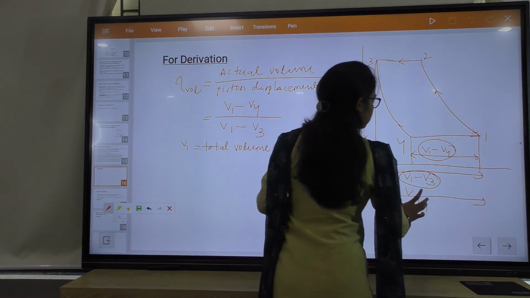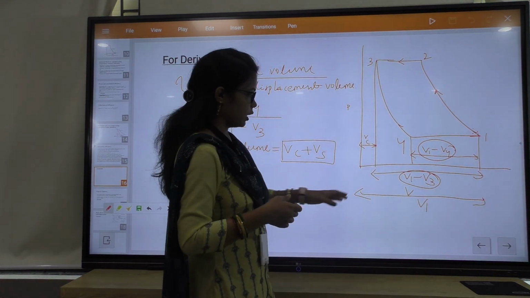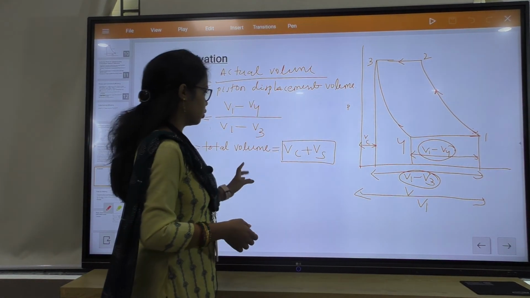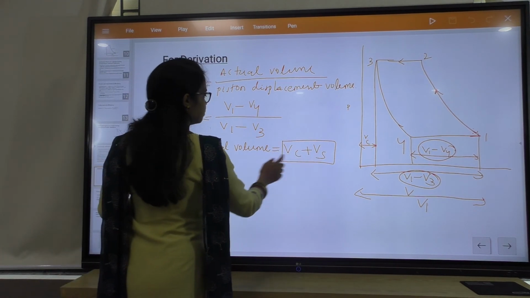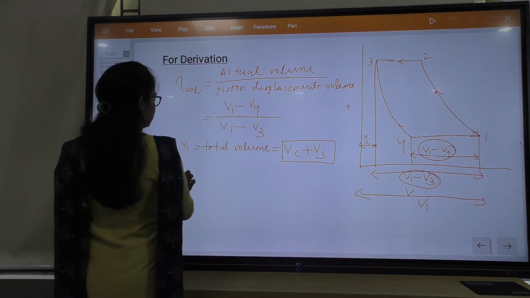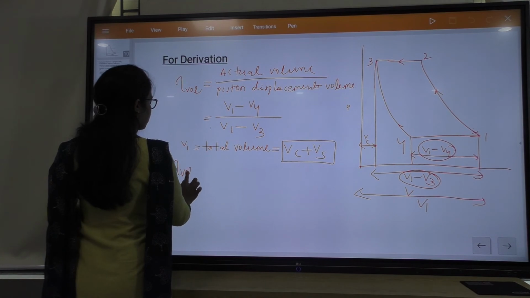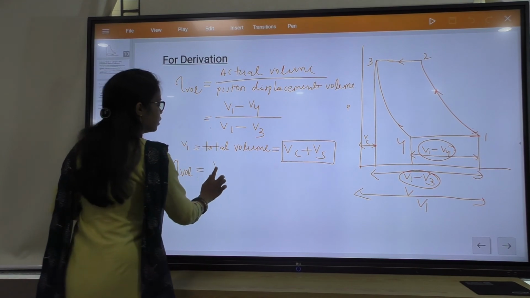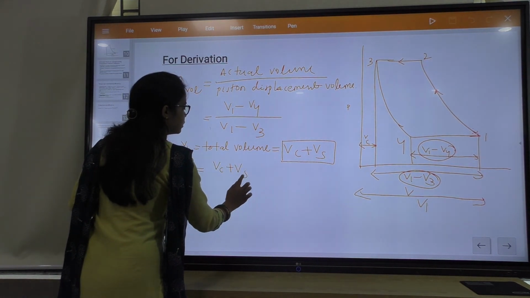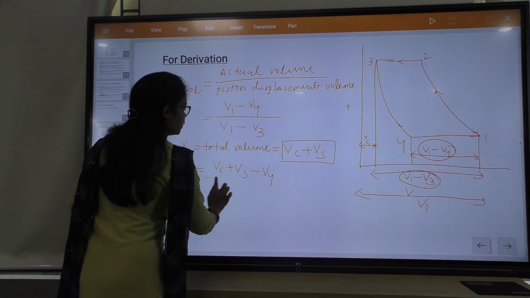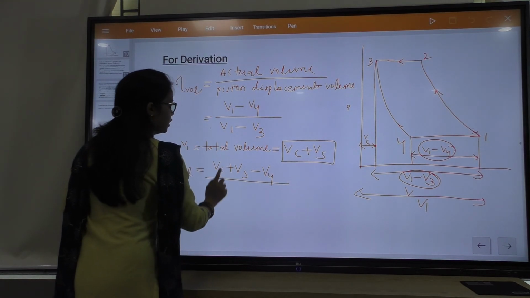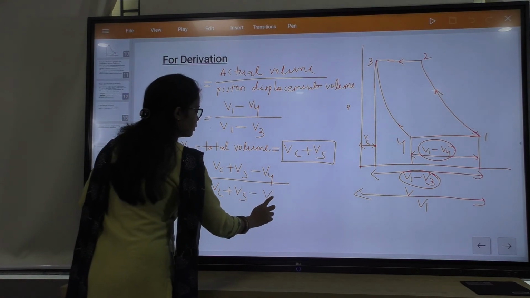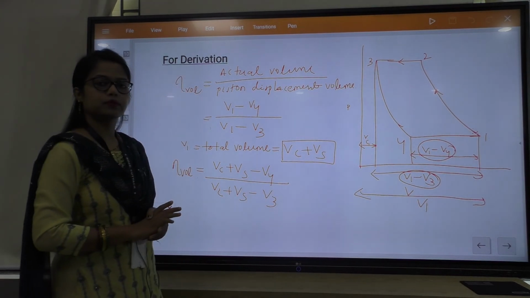The total volume is the summation of clearance volume and swept volume. V1 is equal to Vc plus Vs. In the derivation of volumetric efficiency, you can write in place of V1 Vc plus Vs, so it is Vc plus Vs minus V4 divided by Vc plus Vs minus V3. Clear? Okay.